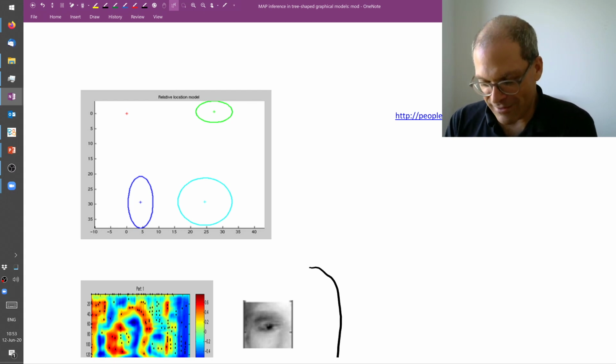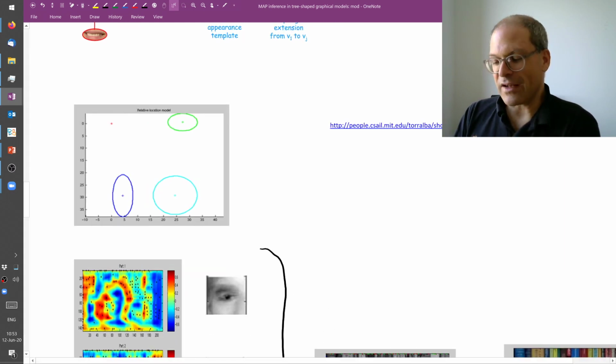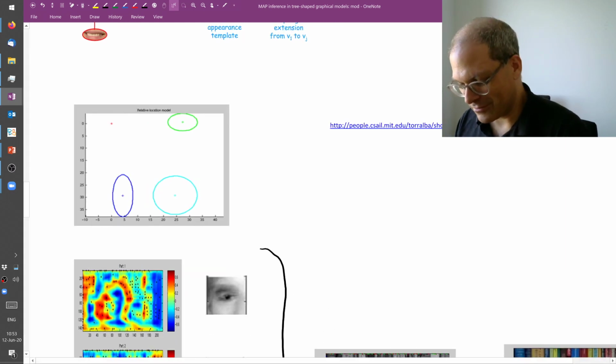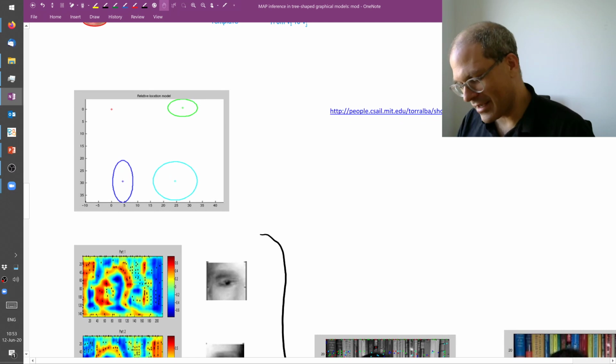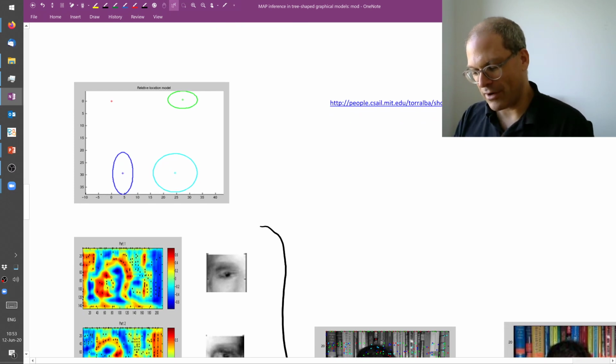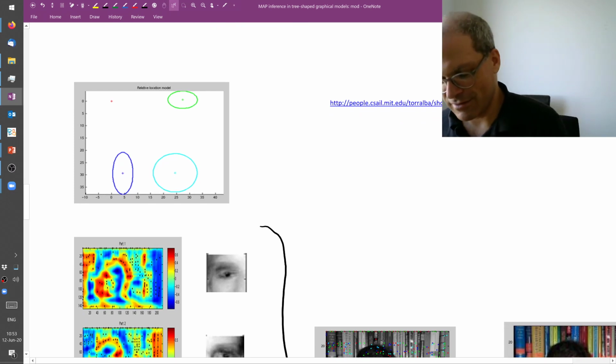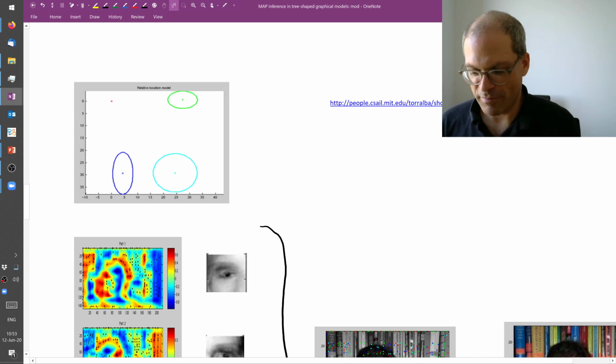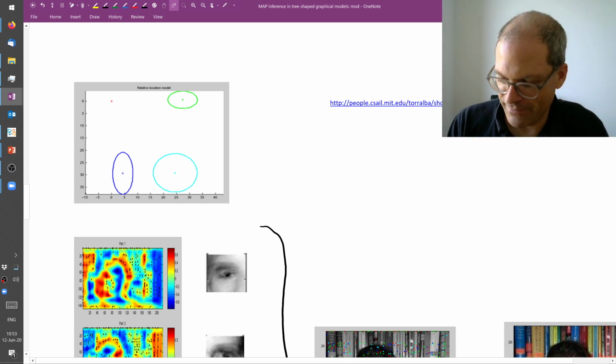Now, the results that you get nowadays for facial recognition are way superior to the results that you got then. But what's important is the essence about modeling the constellation of parts, and that has not changed.